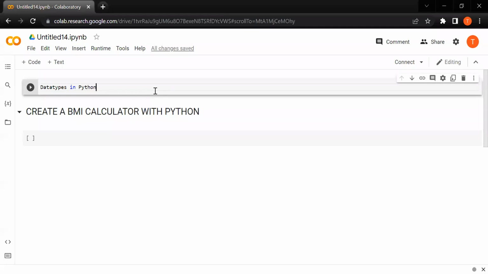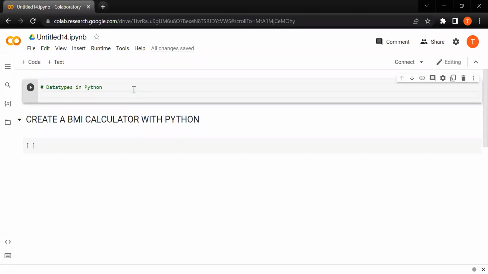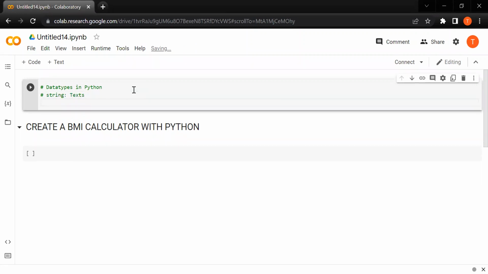In Python, we have strings. Strings are text. We also have integers.